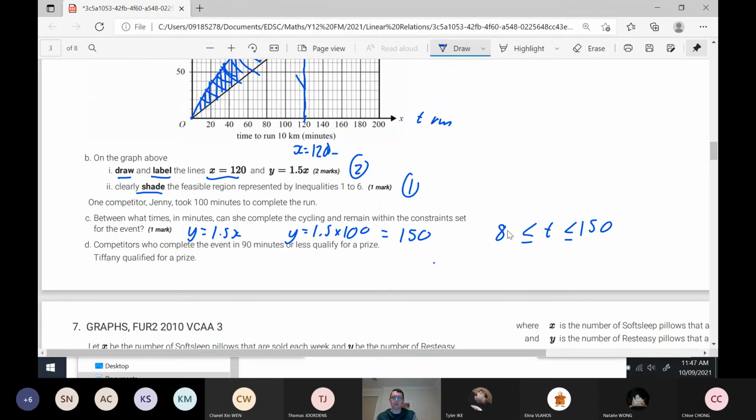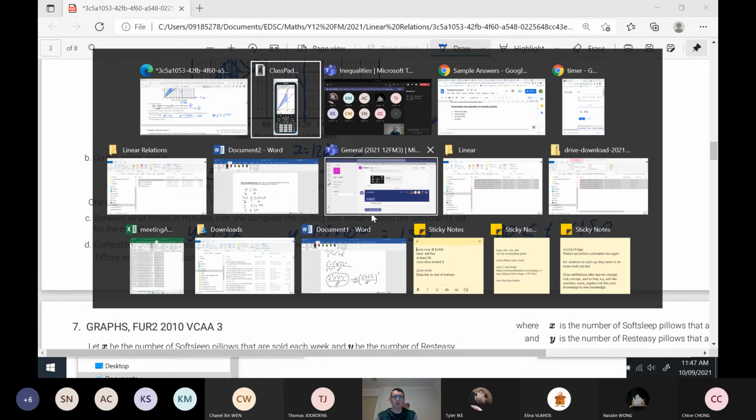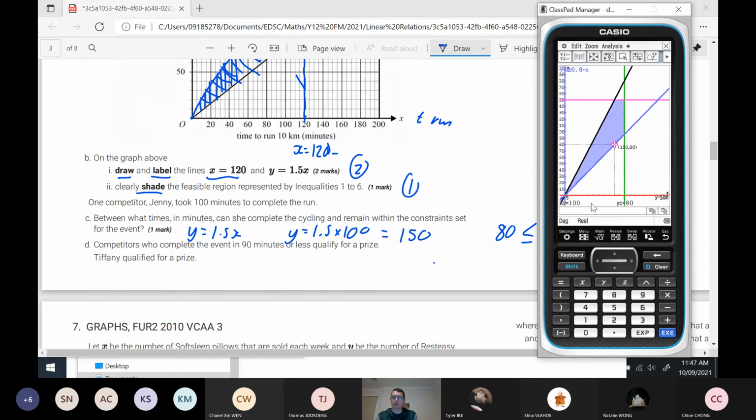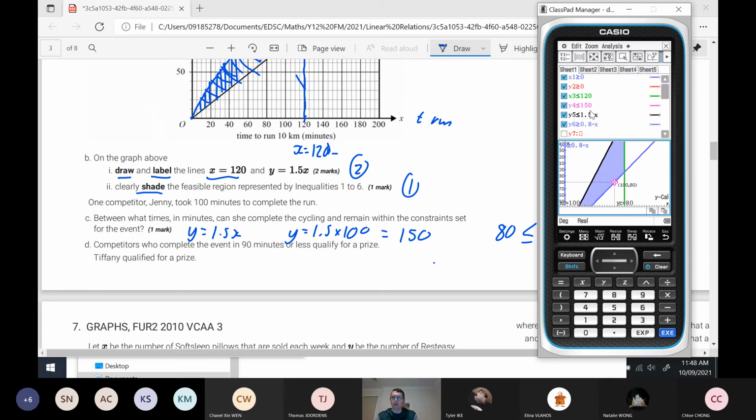Okay, now I'm just going to show you what it would look like if it wasn't a solid line. I'm going to change up the question slightly. Okay, so I've changed that. Just going to quickly graph this again for you guys. So see, it's a dotted line, right?